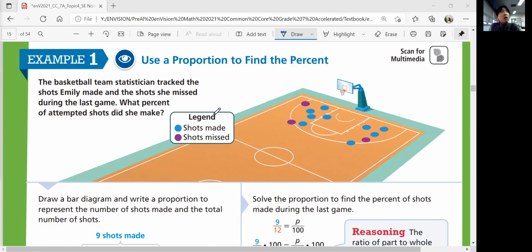So you see the blue and purple, right? Blue is shots made, purple is shots missed. How many of them do you see? You have 9 shots made, and 1, 2, 3 shots missed, and total you have 12 attempted shots.